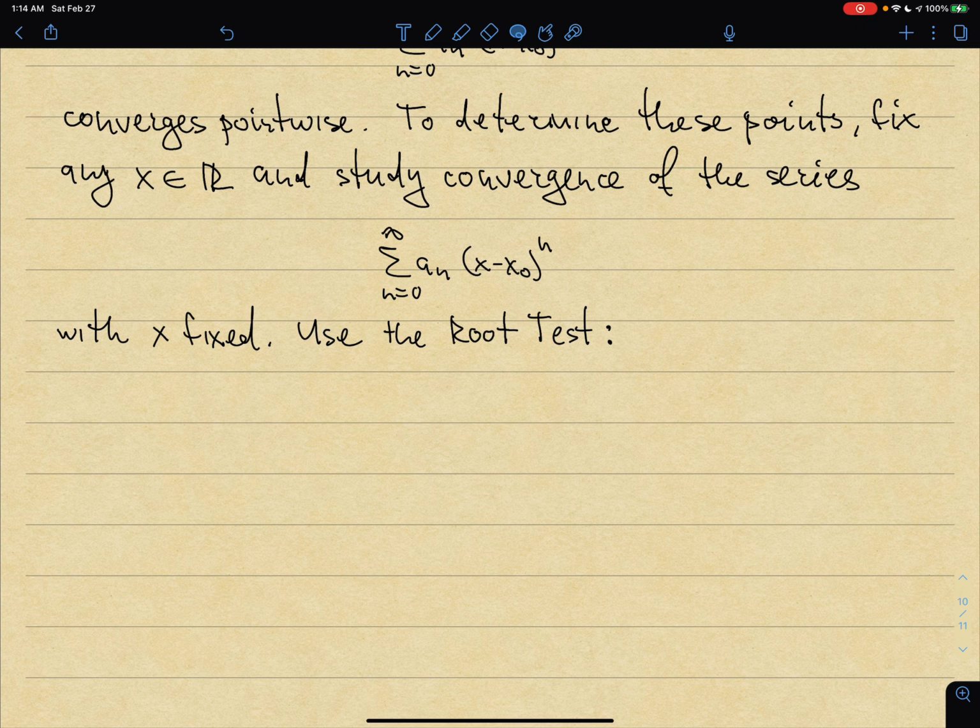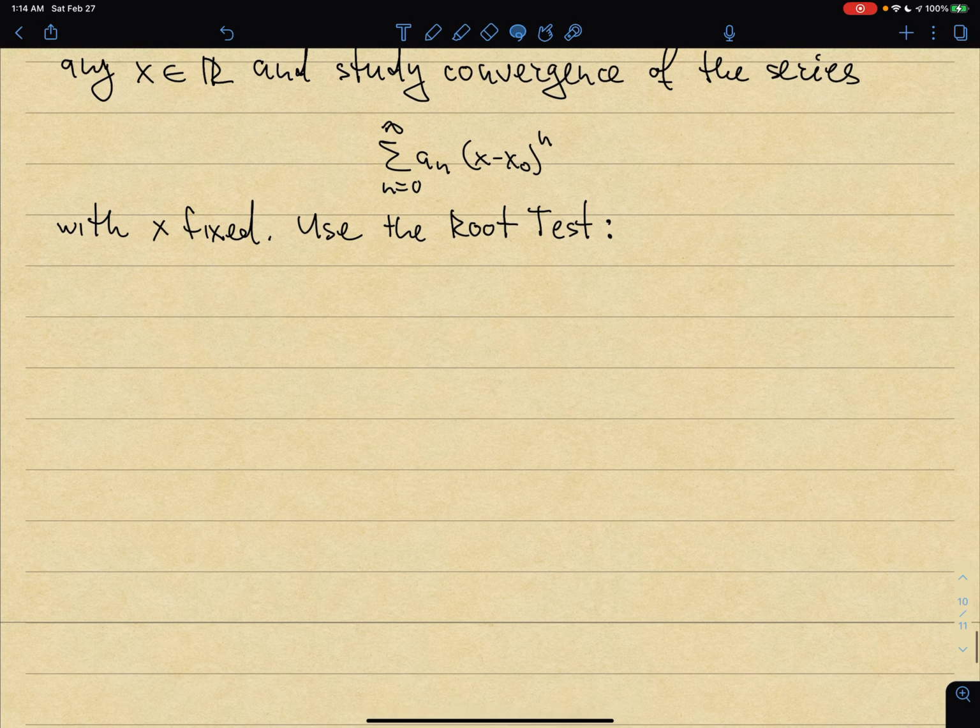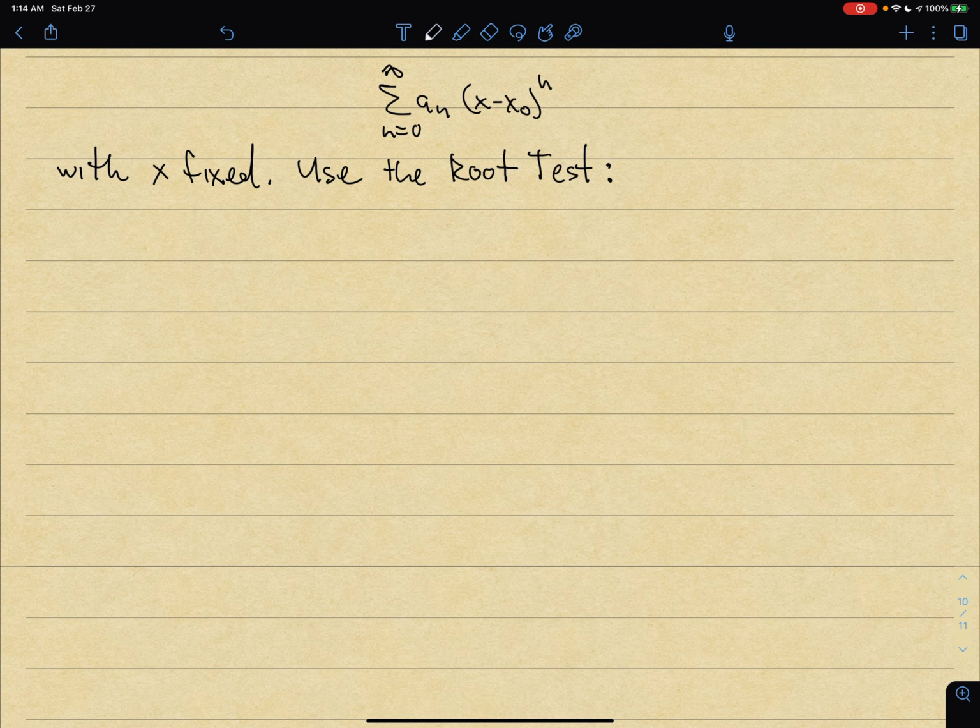So in practice, we will use either one. Okay, so in this case, what do I need to do? I need to take a limit as n goes to infinity of the n plus first term of my series divided by the nth term of my series. What is the n plus first term?